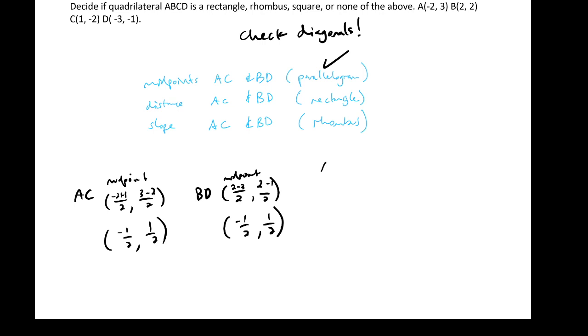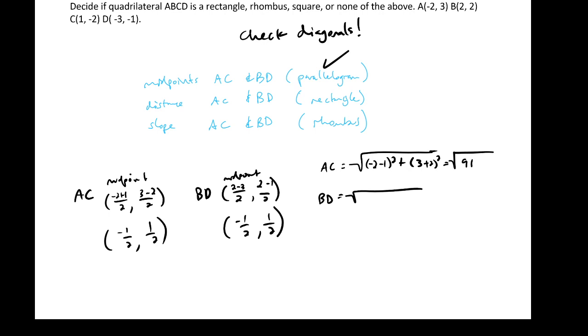Let's do the distance of AC, right? Big square root, and then we're going to do the distance of BD. AC is going to be negative 2 minus 1 squared plus 3 minus 2 squared, right? Which is going to be negative 2 minus 1 is negative 3.